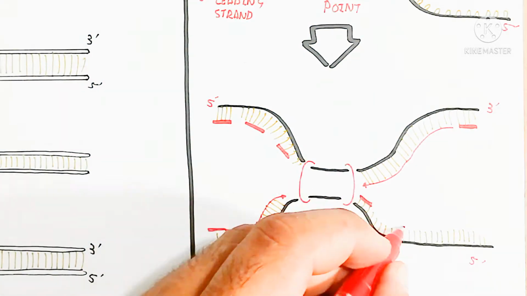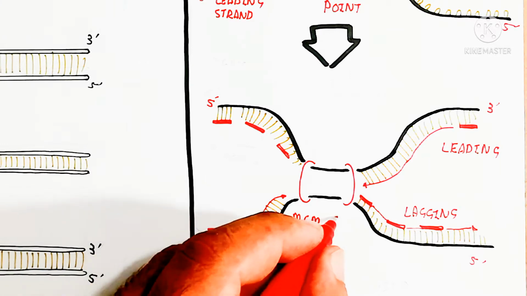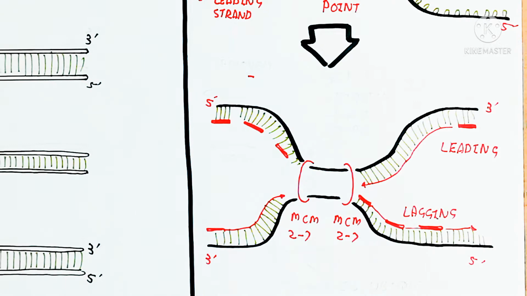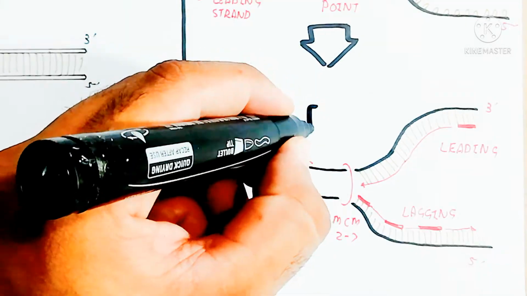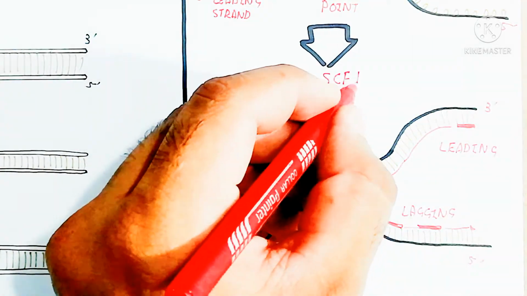Here is SCFE3, which is the ubiquitin ligase complex. This complex binds, and SKP1, CDC53, Cullin and F box form the complex.